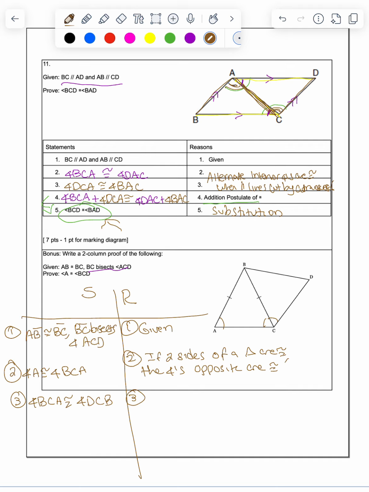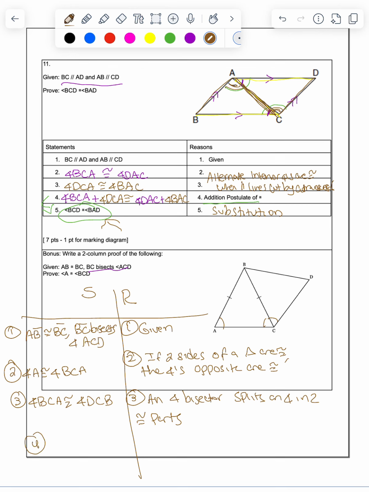And that was due to angle DCA being bisected. And an angle bisector splits an angle into congruent parts.